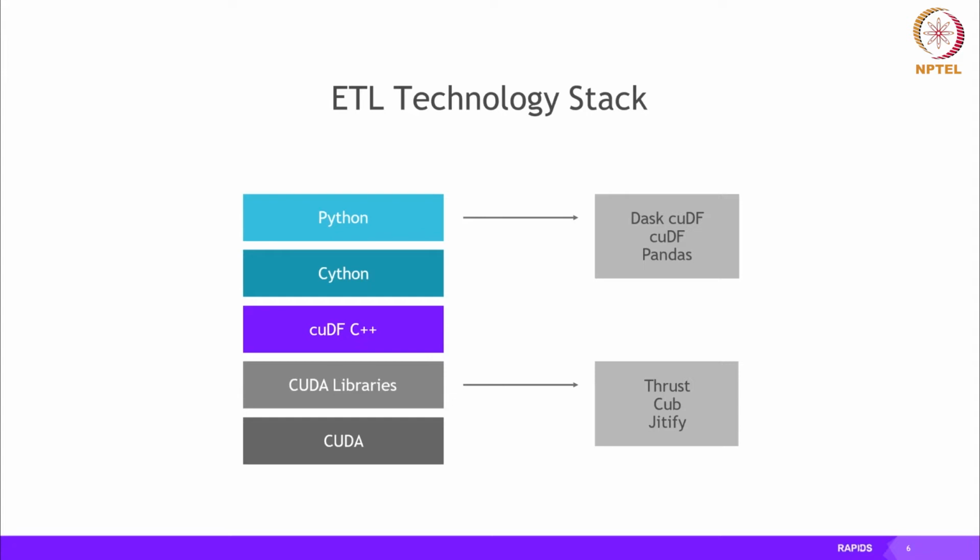Over that, the Rapids ecosystem has developed a layer of cuDF functionality which is written in C++. So all those calls of the libraries of CUDA, which are also in C++, are basically done via this cuDF C++ calls.